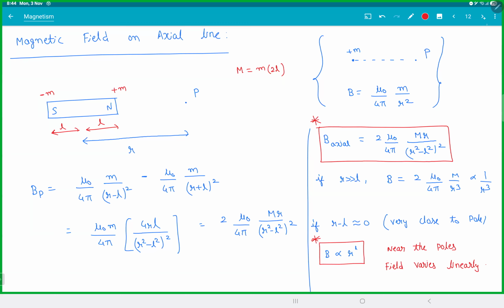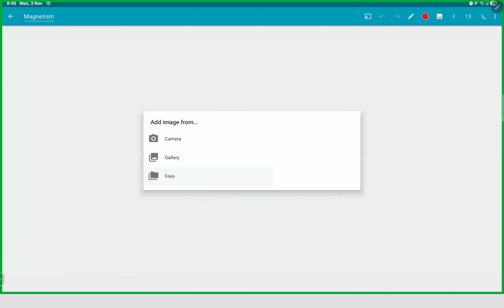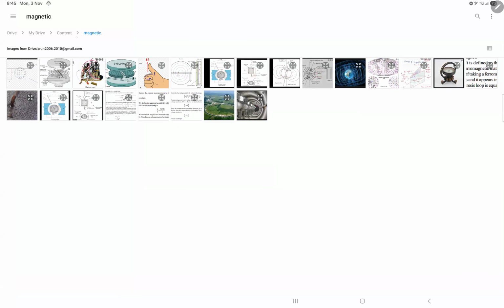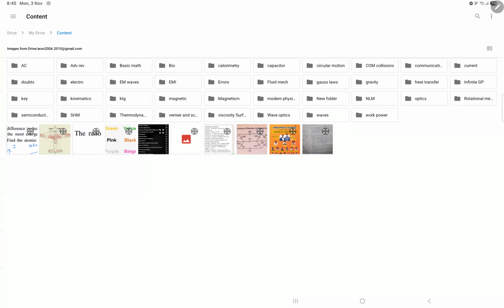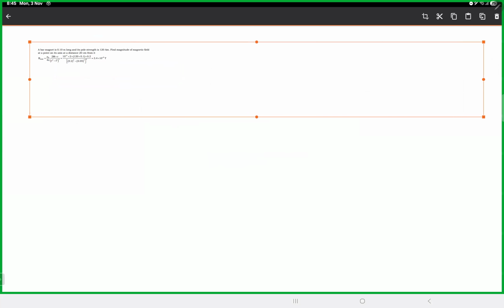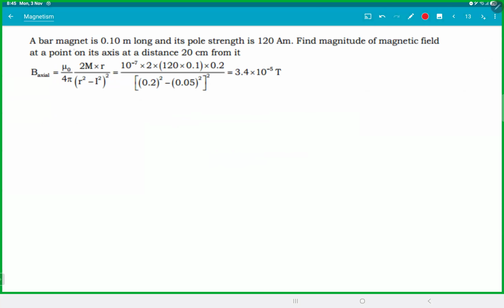But it just looks like magnetism. The question would be there. Now, if you look at this, a bar magnet of 0.1 meter long. So he gave 2L is 0.1.